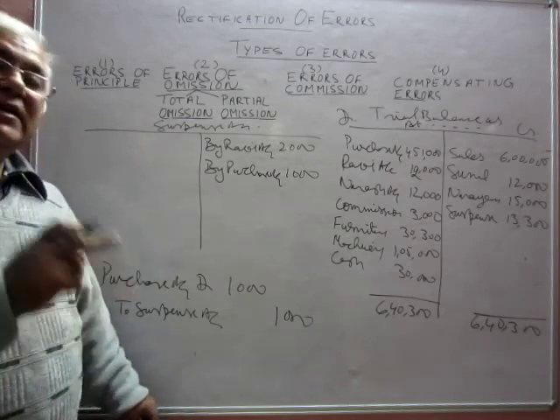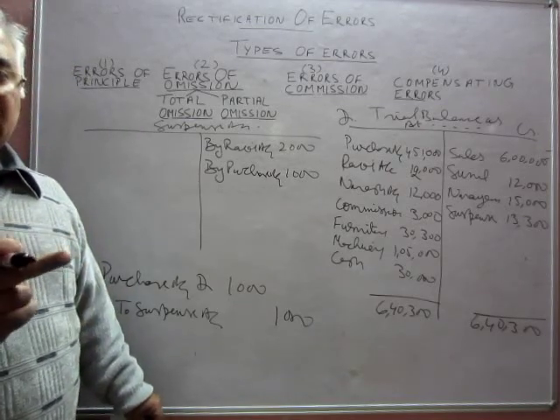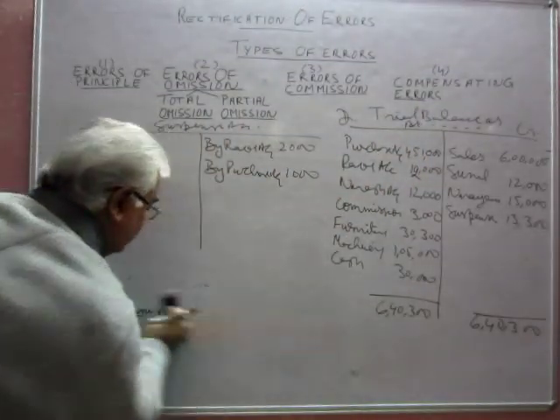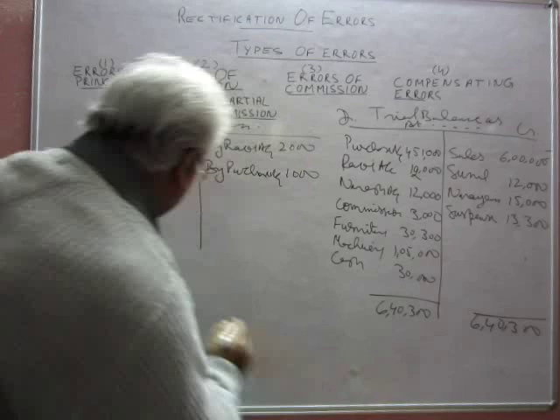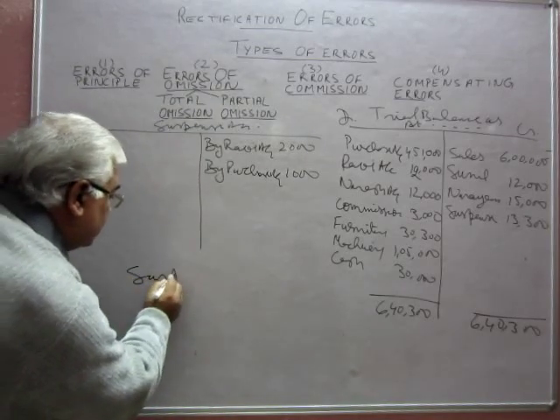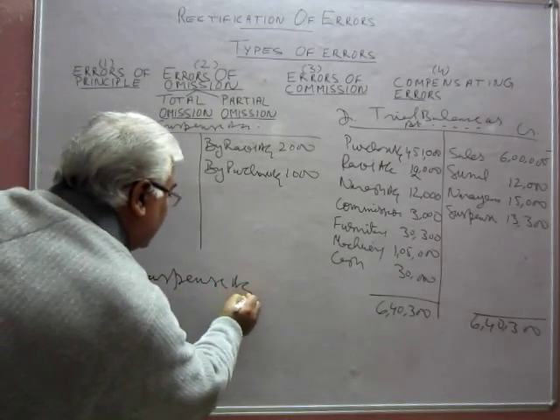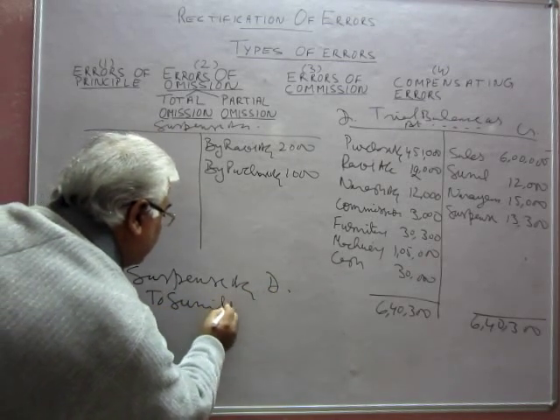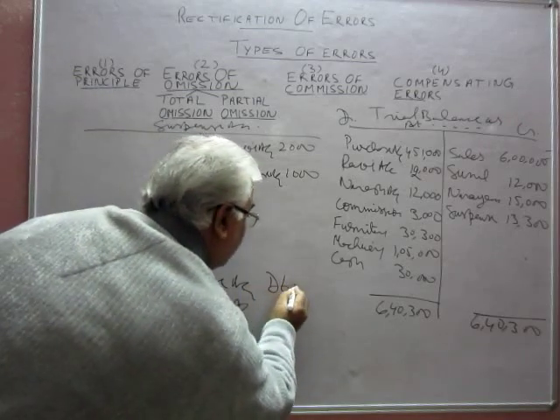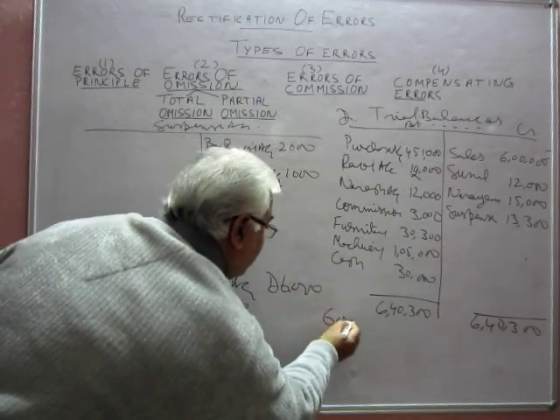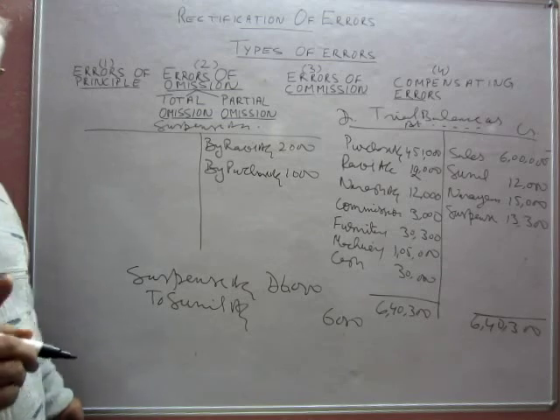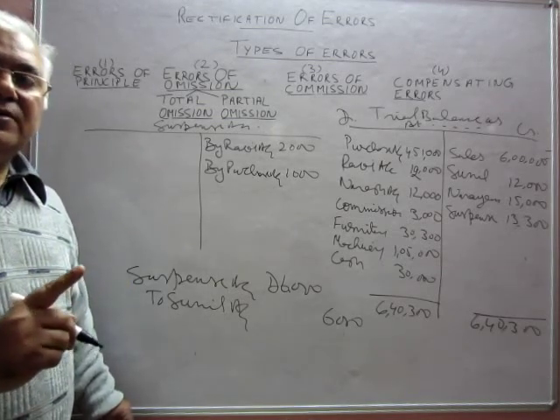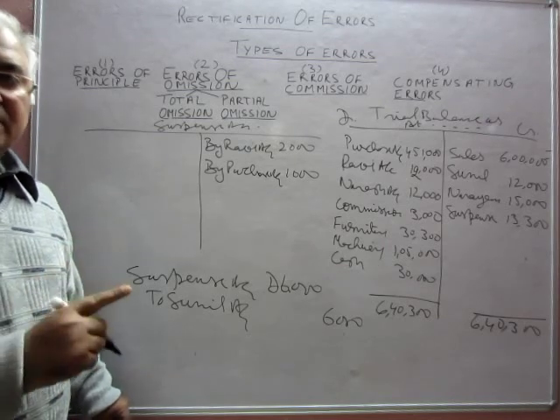So our entry shall be suspense account debit to Sunil account 6,000. I hope you have understood why it is 6,000. One 3000 is to offset the wrong debit given to him, and another 3000 is to give him the rightful credit for the goods supplied.